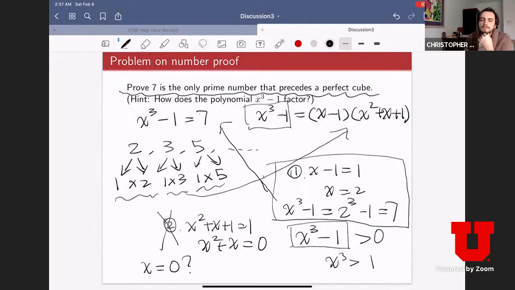So any question on this problem? I know this one is more about thinking through how the logic is going on here.